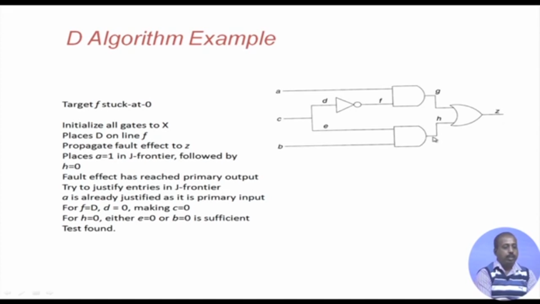At this point we have A equal to 1 and H equal to 0 as two gates in the J frontier.